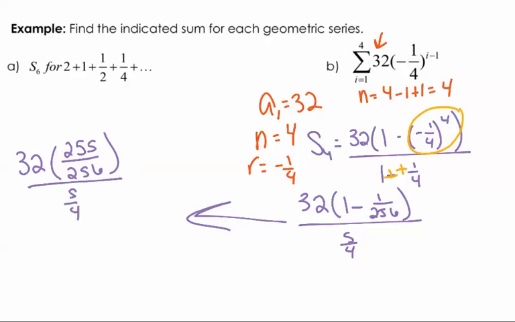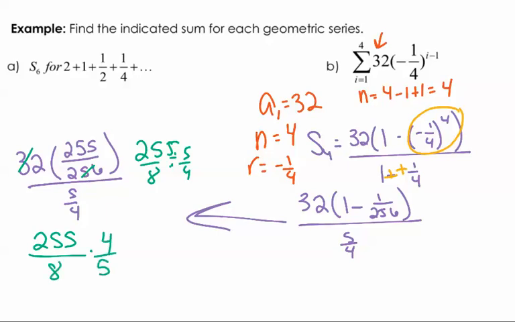So go ahead and simplify that 32 over 256. And now we're going to end up with 255 over 8 divided by 5/4. So change that to 255 over 8 times 4 over 5, because you're multiplying by the reciprocal. And that simplifies to be 51 over 2.